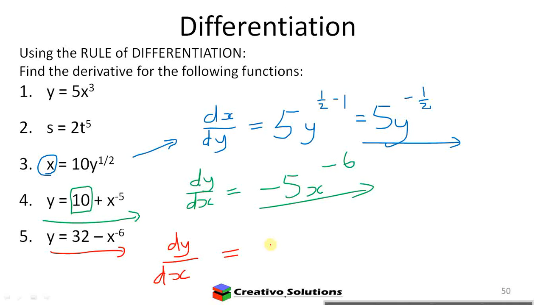Minus times a minus is a? That's right. Minus 6. Minus 6 times minus 1 is what? There's a minus here next to the x. Minus 6 times minus 1? 6. Plus 6. x to the minus 6 minus 1, which is 6x to the minus 7. Negative times a negative is a positive. And that's it. That's differentiation.